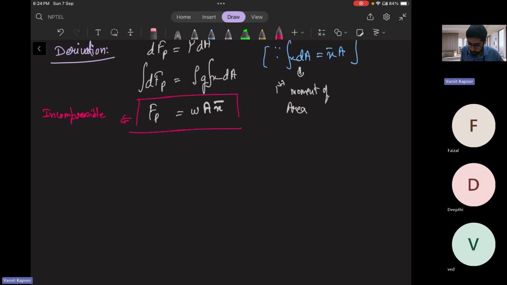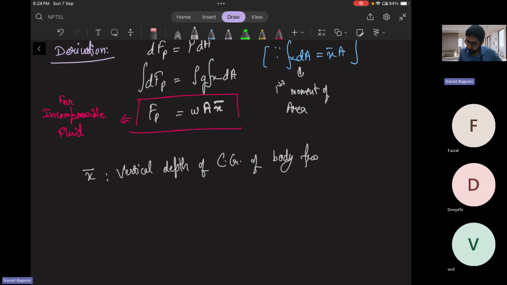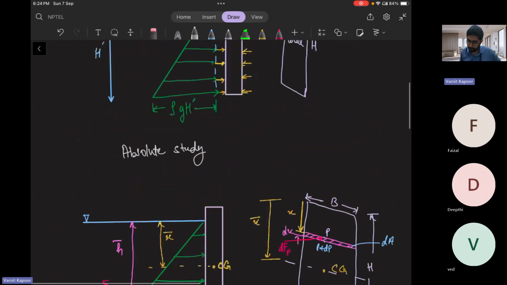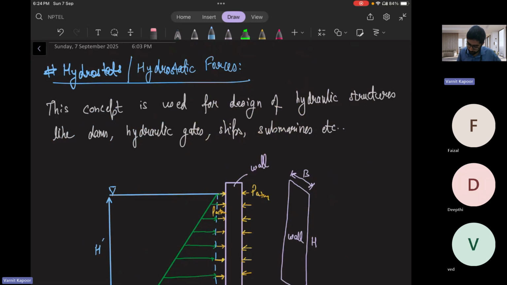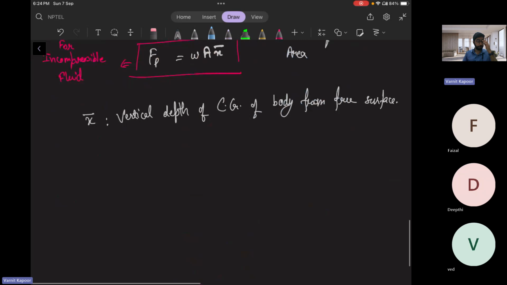And x bar is nothing but the vertical depth of the center of gravity of the body from the free surface. So this is your free surface.